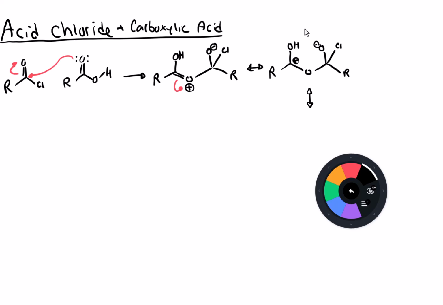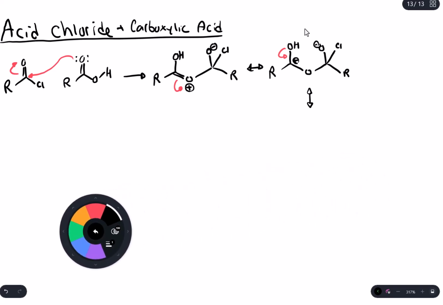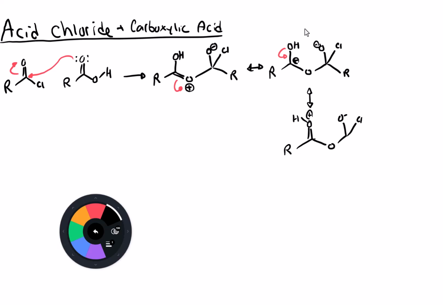There's an additional resonance structure where we pull those electrons from our OH down to that carbon. So this leads to our tetrahedral intermediate, and that whole set there is our resonance structures.